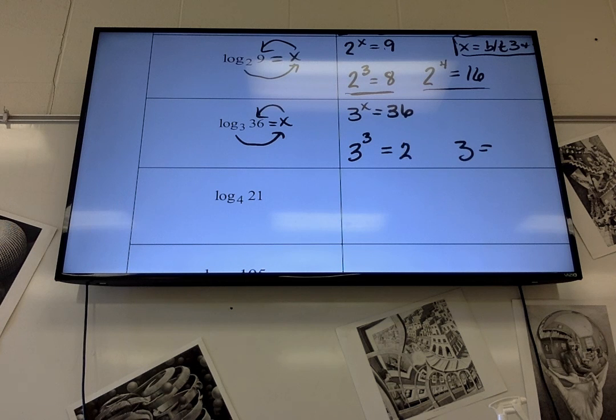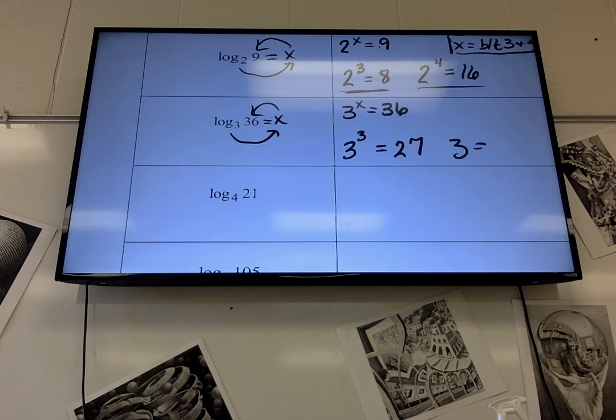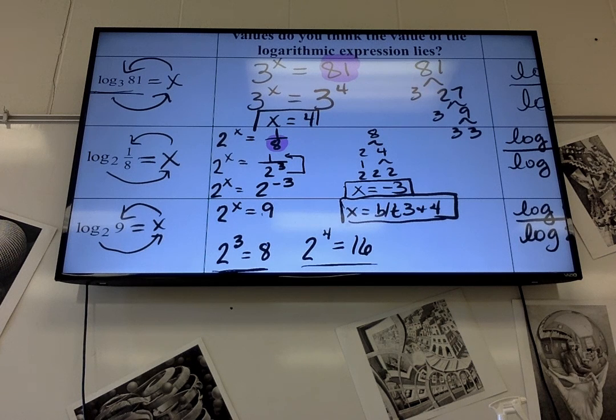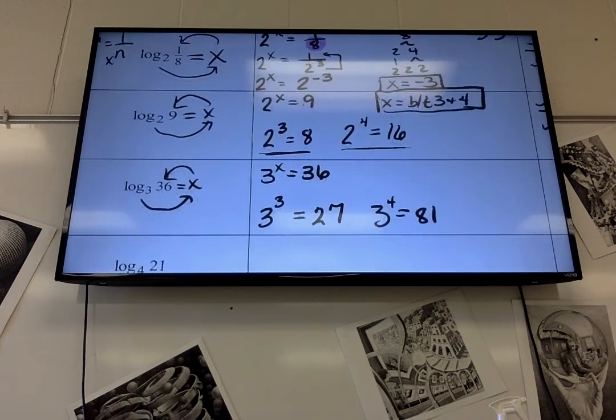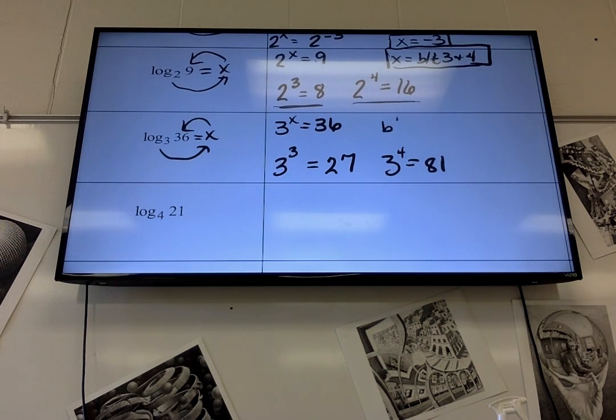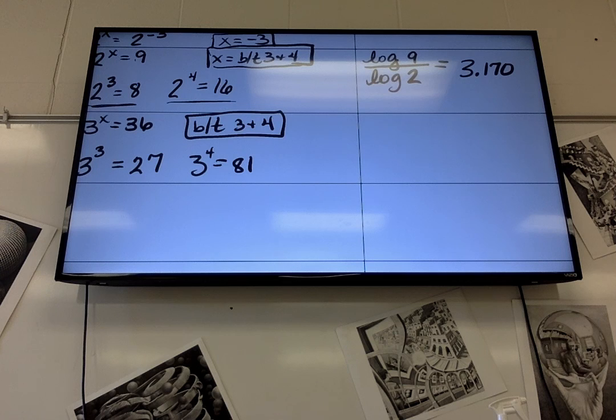Okay, 3 to the third, that's 3 times 3 times 3. So that's 27. 3 to the 4th goes to 81. And we did that up here on the very first one. So again, it's between 3 and 4. Find out exactly what it is.